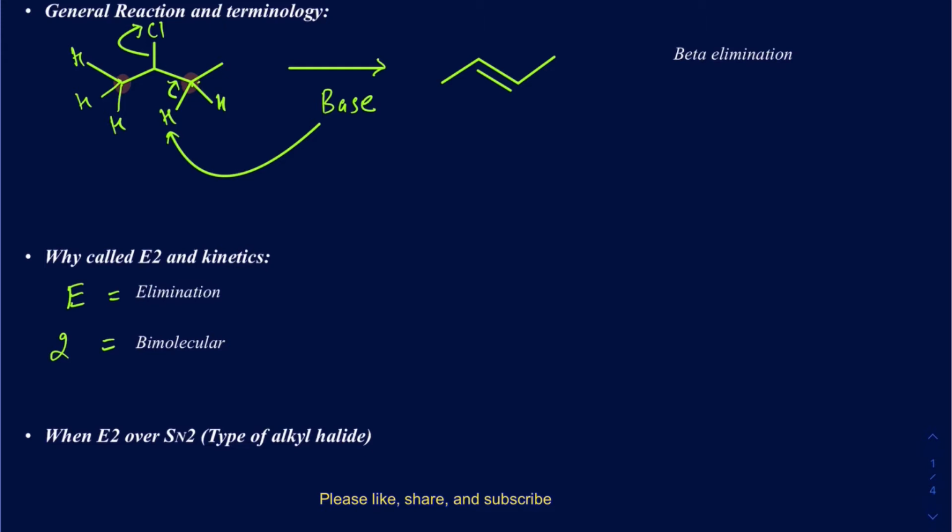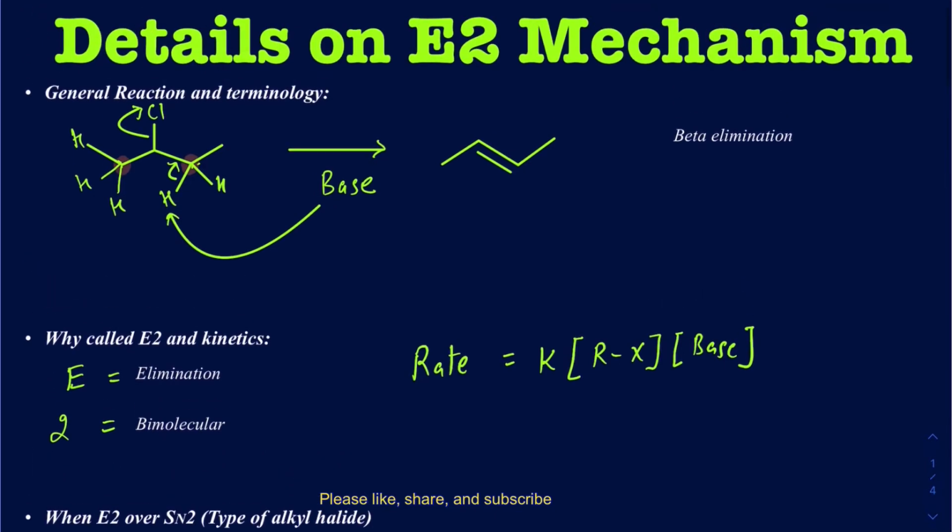But in this case, the kinetics look like this: we've got a rate constant k, we still have the substrate or the alkyl halide, but instead of a nucleophile, we have the base here. So a strong base is needed whenever you're trying to do your E2 eliminations, and that's not true for the E1 mechanism.